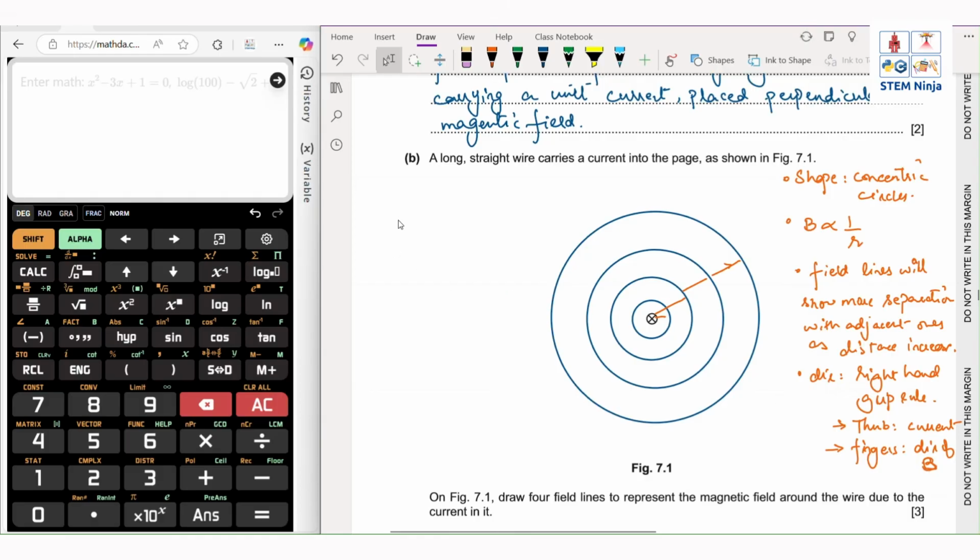So the current is into the page. If you use the right hand grip rule, the direction of field lines happens to be clockwise.